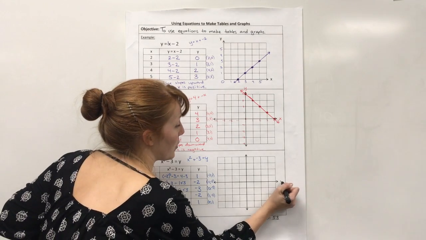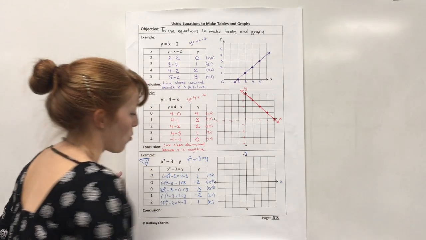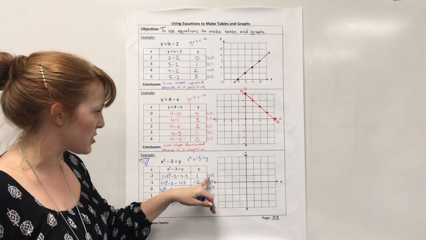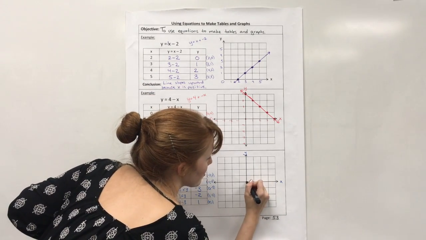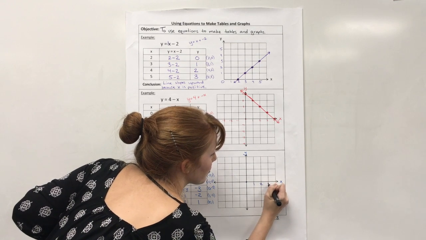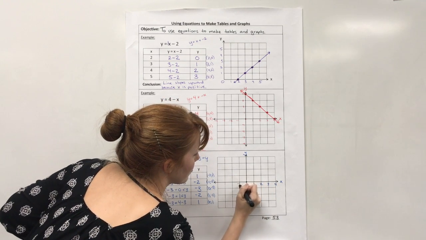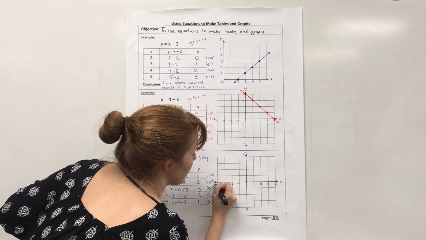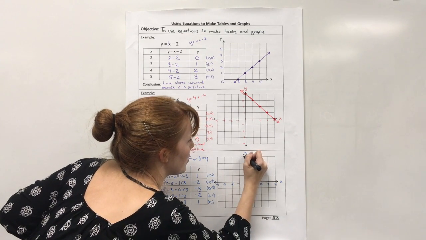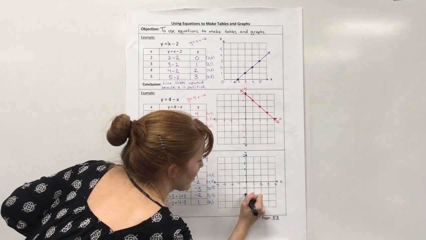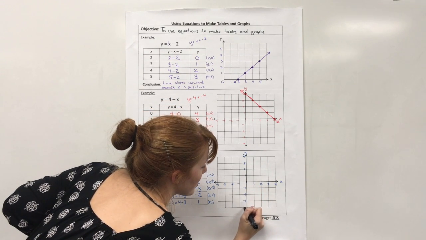Let's label this X and Y. Well, again, all my numbers are relatively small, so I think we're still okay to count by ones. So this is 0, so 1, 2, 3, 4, -1, -2, -3, -4, 1, 2, 3, 4, -1, -2, -3, -4.